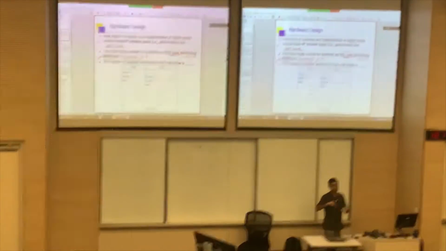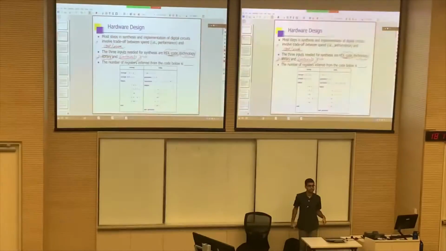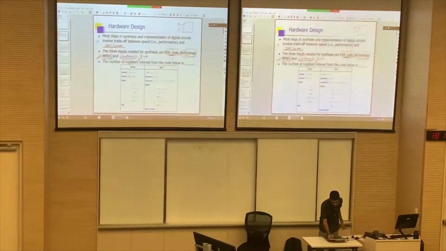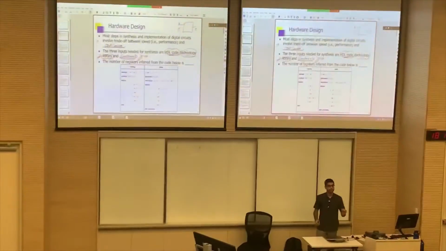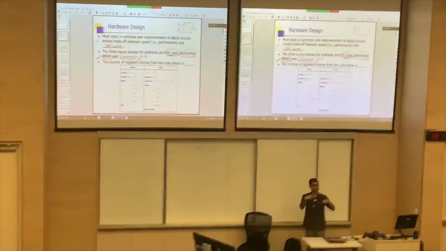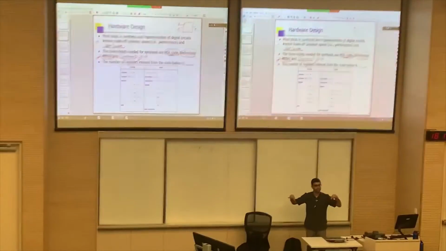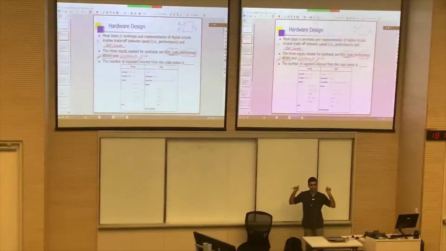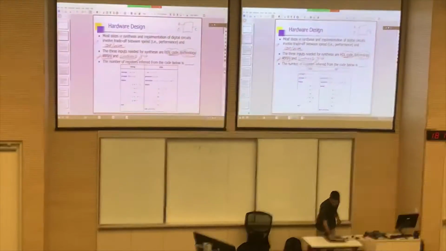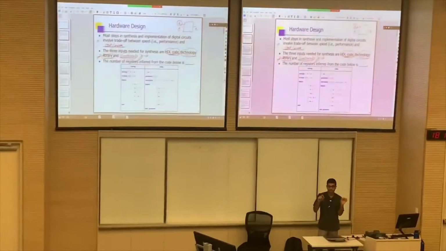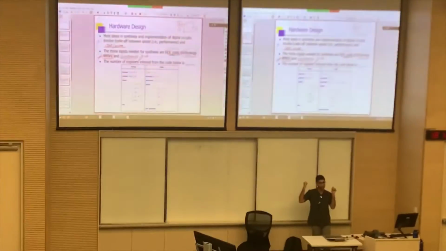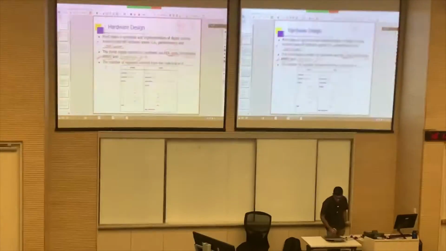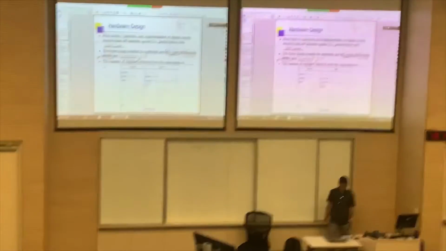It can also be physical or location constraints. For example, you might have A, B as inputs and Z as output. But eventually these A, B and Z should be mapped to some physical pins on the chip. And that logical port to physical pin mapping is done through location constraints. Now question number 3, the number of registers inferred from the code below is?